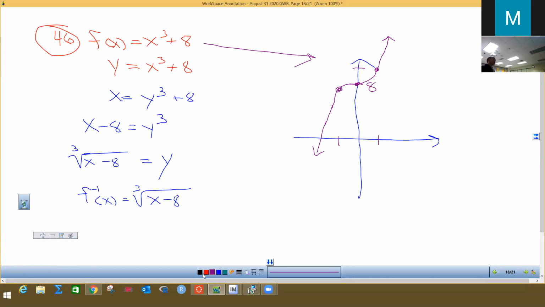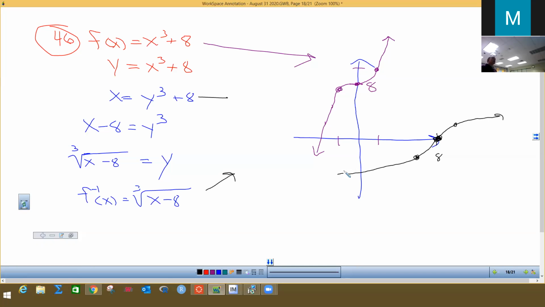And then I'm going to graph this one in black. So this is a cubic graph. And since it's got minus 8, that means it comes out here to 8. That's where it crosses, because that's a horizontal shift right 8. And I know it goes up 1 over 1 for a dot here, and left 1 and down 1 for a dot here. And this graph goes like this.